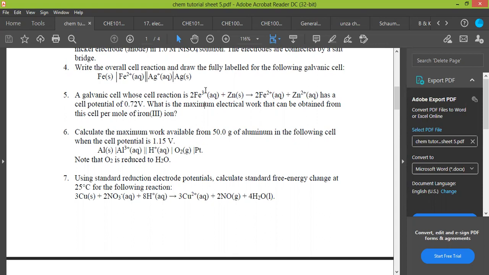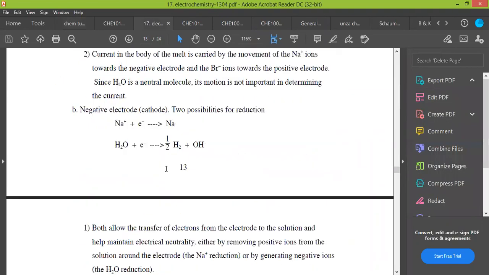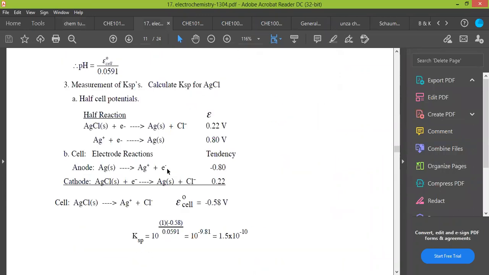And then they are saying note that oxygen is reduced to water. So oxygen is being reduced to water in that particular reaction, but we don't really need to mind about the oxygen, but irrespective of that, I think I can take you back to the table for the potentials.